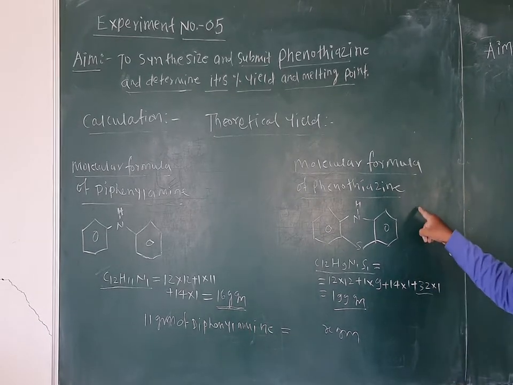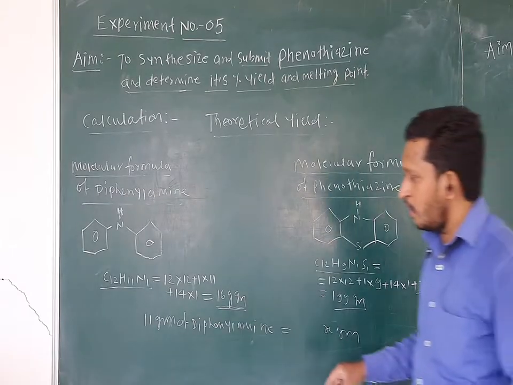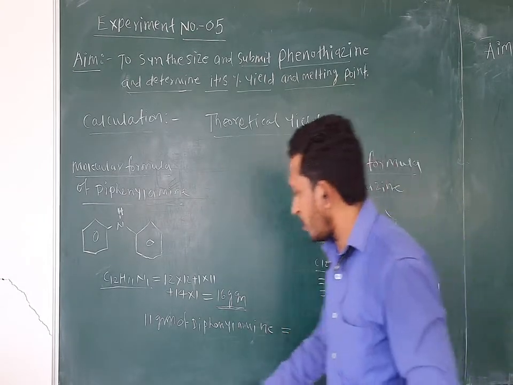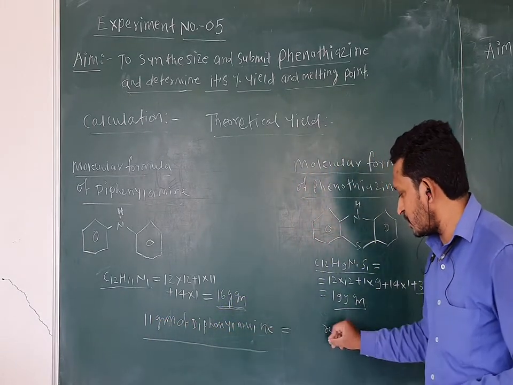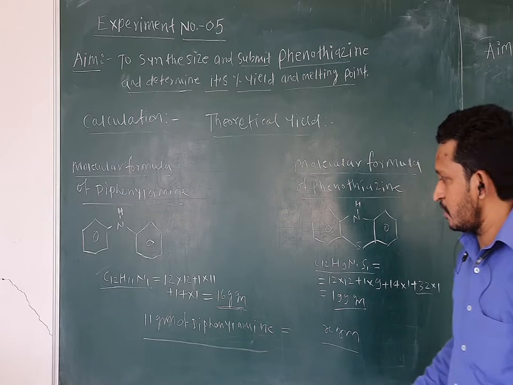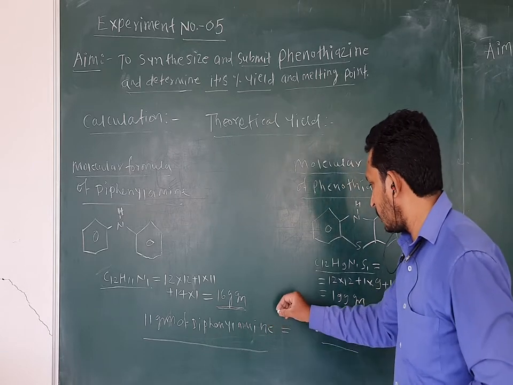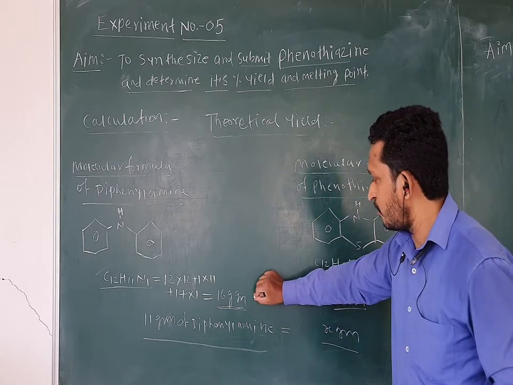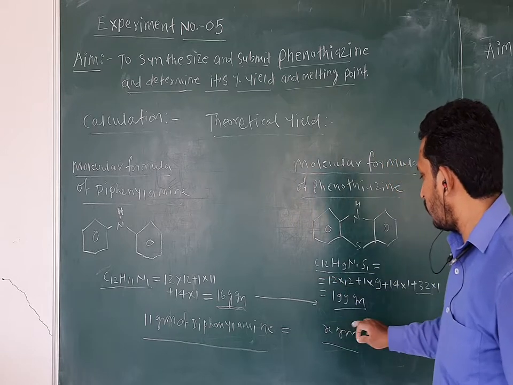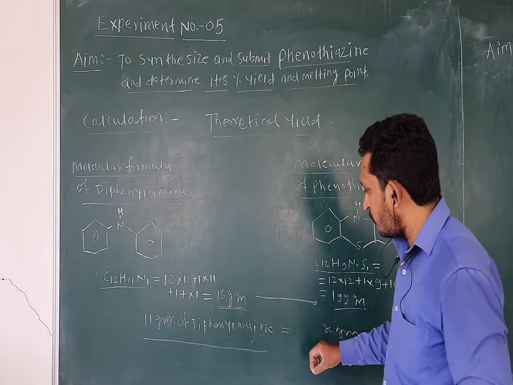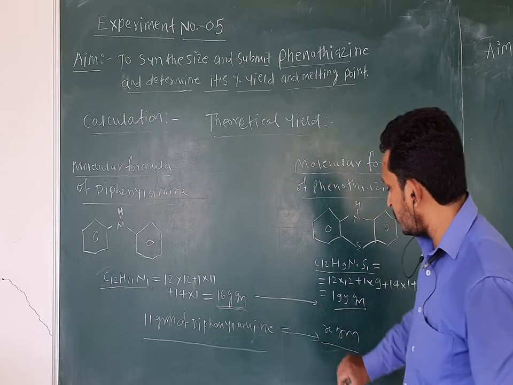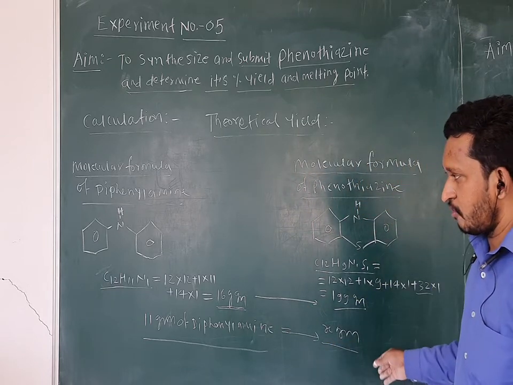Now in the procedure we have taken 11 gram of diphenylamine, so it gives phenothiazine. That means 169 gram of diphenylamine gives 199 gram of phenothiazine. So 11 gram of diphenylamine gives how much, x gram, of phenothiazine.